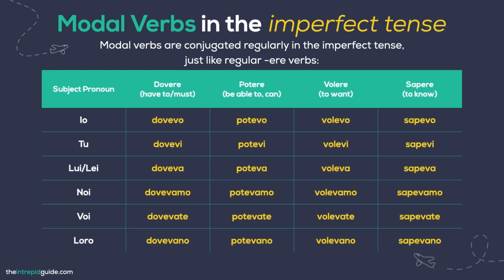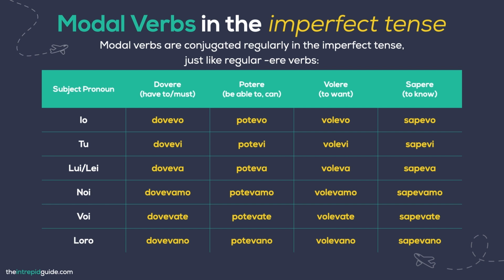Dovere, to have to, must: dovevo, dovevi, doveva, dovevamo, dovevate, dovevano. Potere, to be able to, can: potevo, potevi, poteva, potevamo, potevate, potevano.